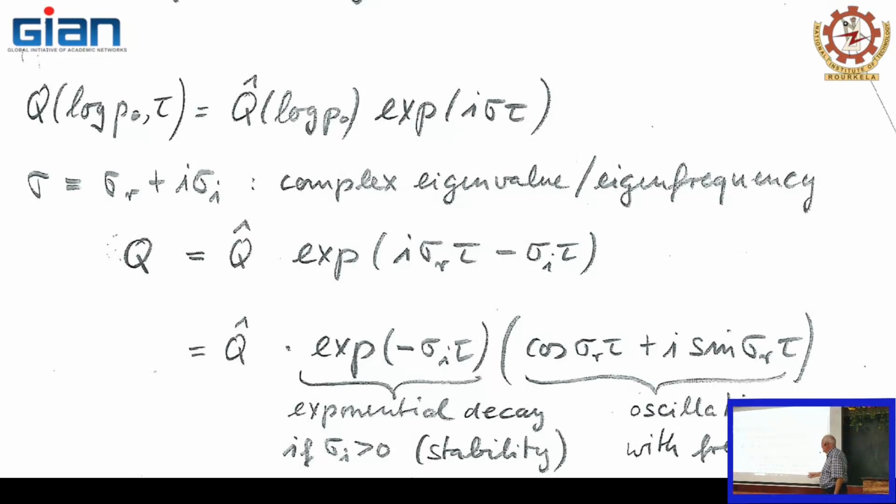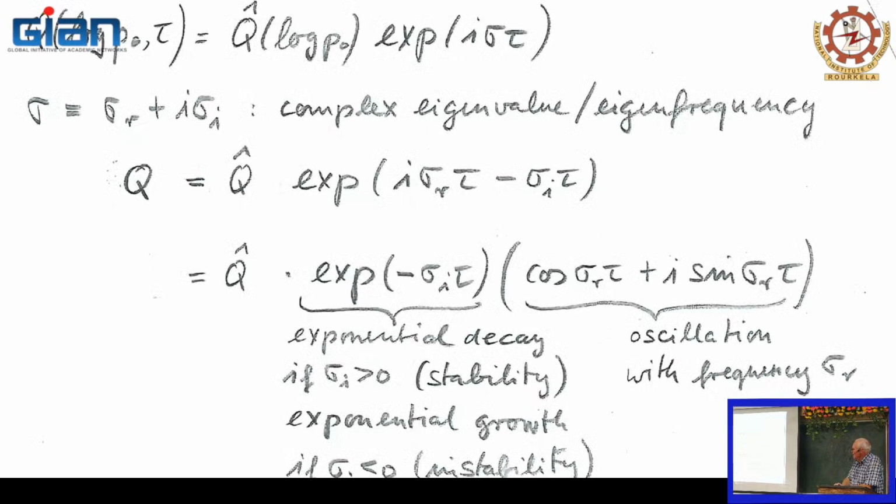And once we have sigma_i, the imaginary part, we can decide whether the perturbation will exponentially increase in time or decay exponentially back to its original state. If sigma_i is 0, that's called a neutrally stable situation. The amplitude of our pulsation, or the oscillation amplitude, will remain constant. This is the so-called neutrally stable situation.